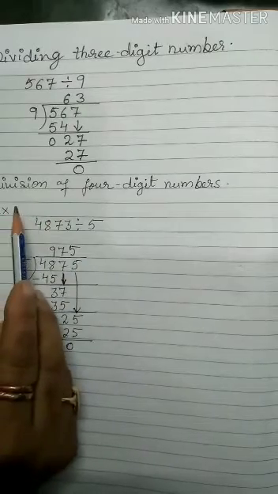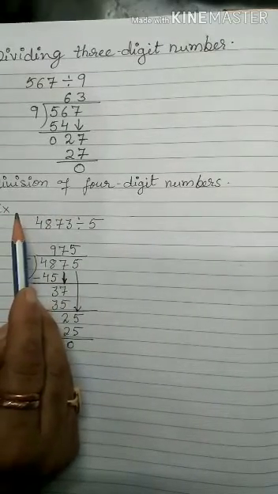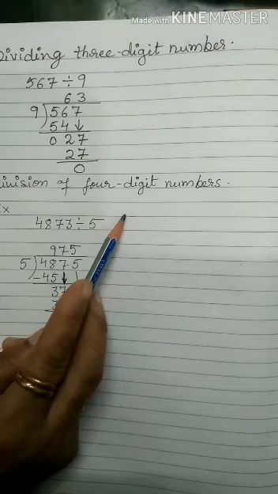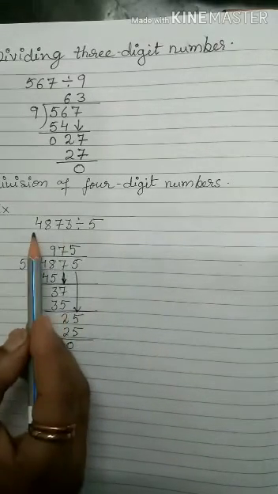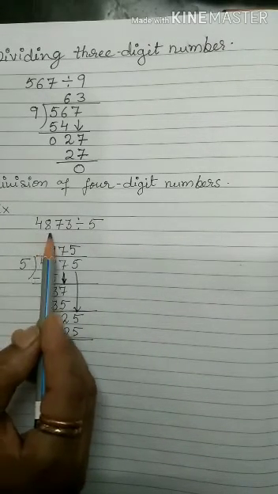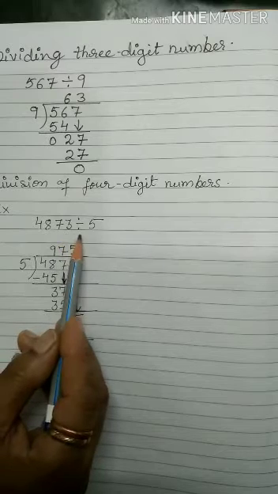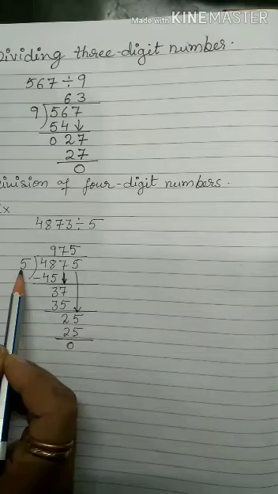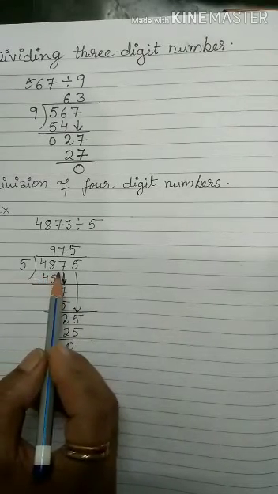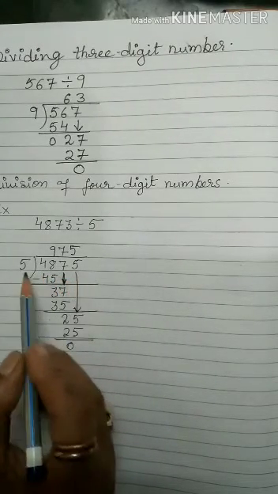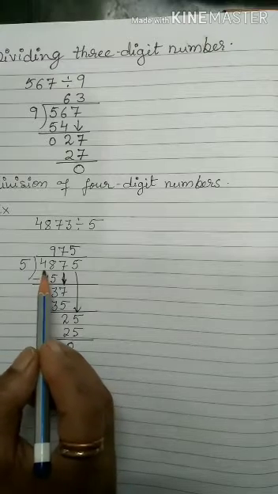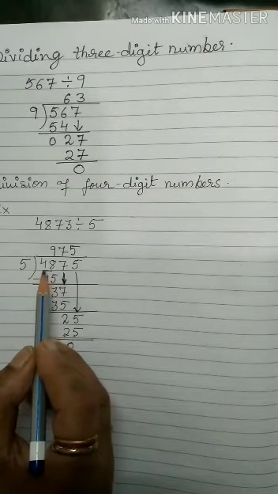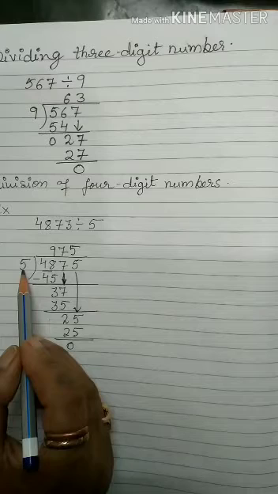Now in the same way you can do the division of a 4-digit number. Here, 4875 divided by 5, with 5 as the divisor. First you take the 2 numbers 48 and you divide.